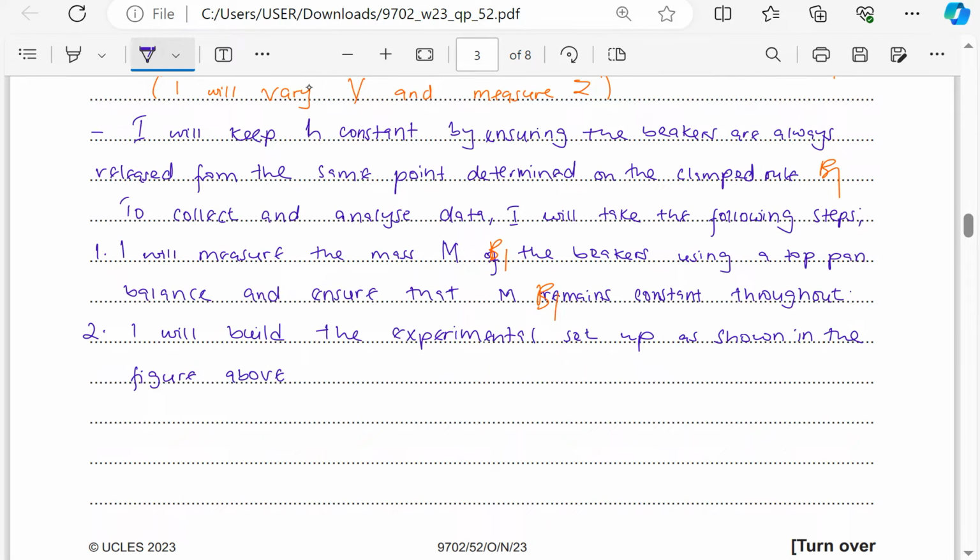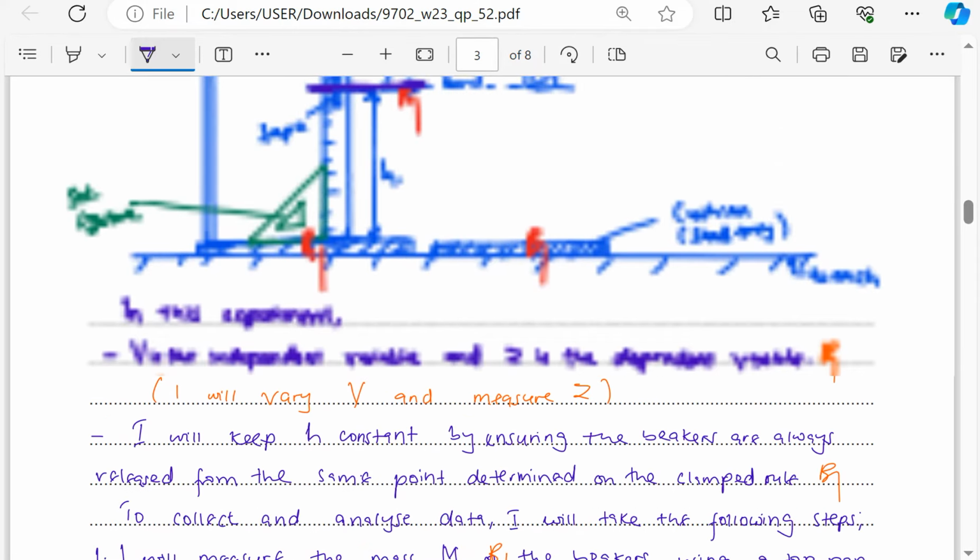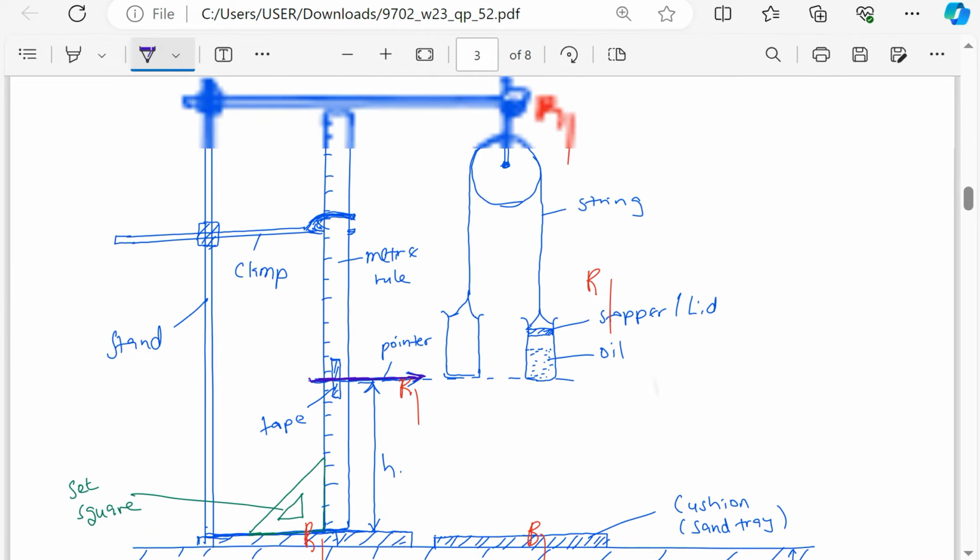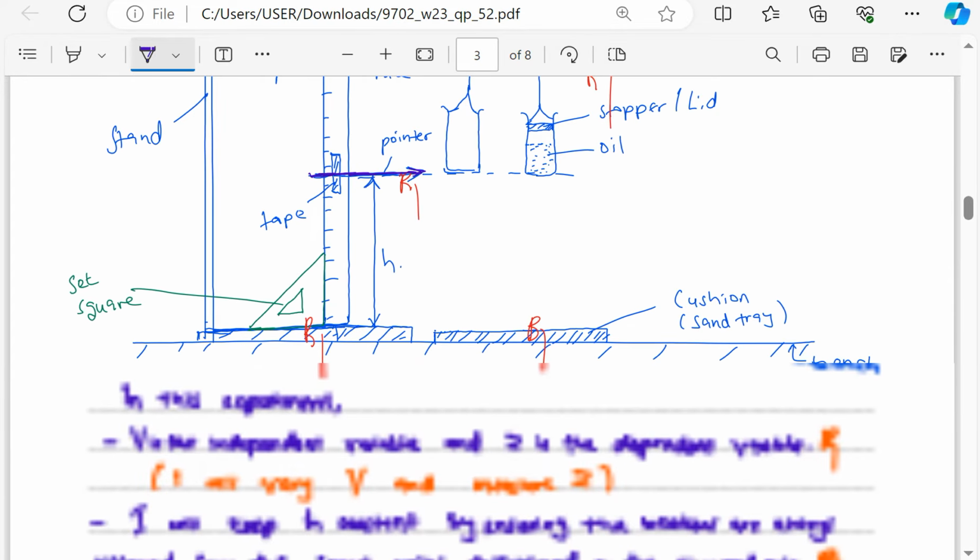Since you now know the mass of the cylinders, you can now assemble your apparatus as shown in this diagram.